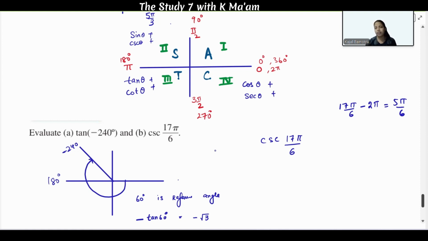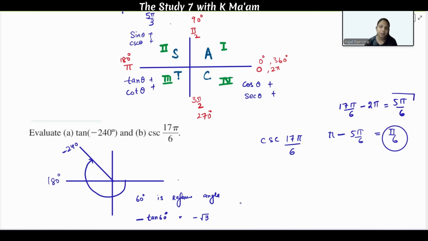So 5 pi by 6 is in the second quadrant. But it is still greater than 90. So pi minus 5 pi by 6, because I have to write an acute angle of that. It's pi by 6 only. So the reference angle is pi by 6.